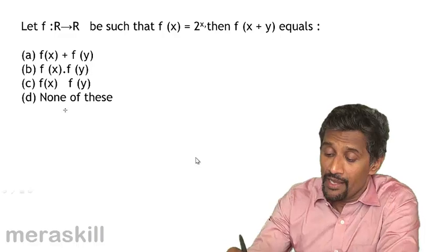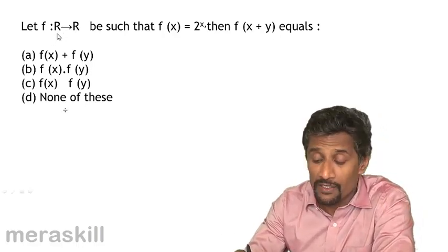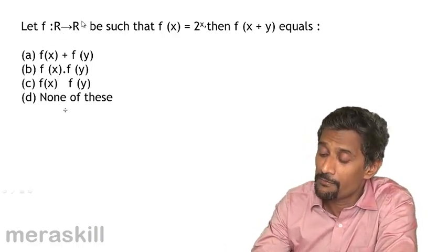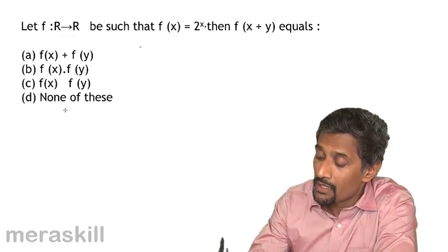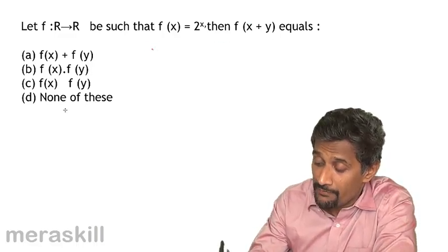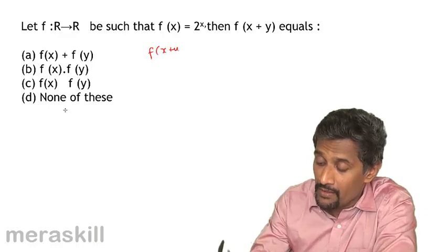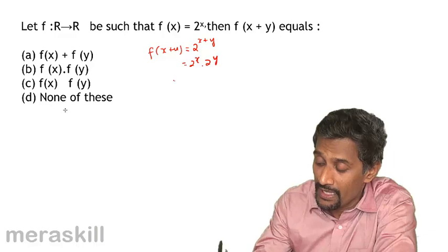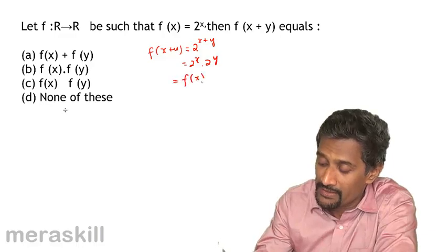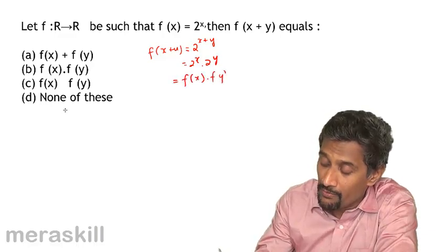Then, f from R into R be such that f of x is 2 raised to x, then f of x plus y equals to what? So f of x plus y would be 2 raised to x plus y, which is 2 raised to x into 2 raised to y, and this is nothing but f of x into f of y.